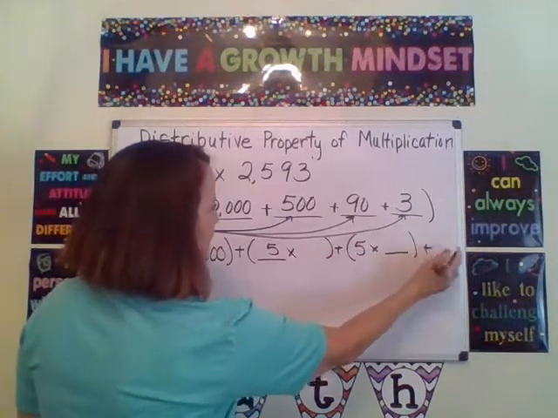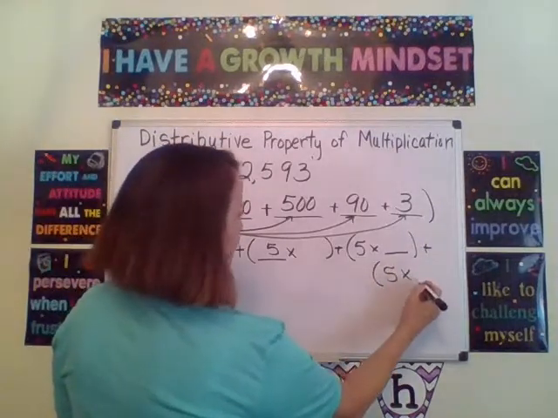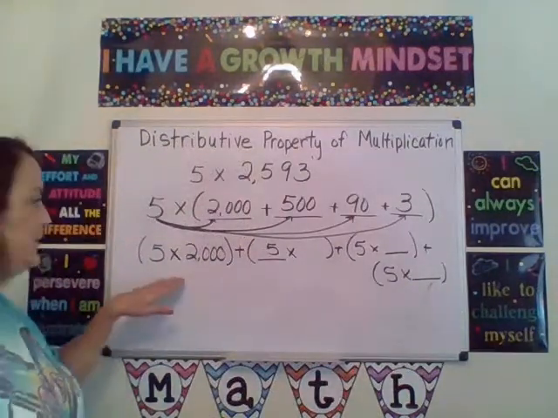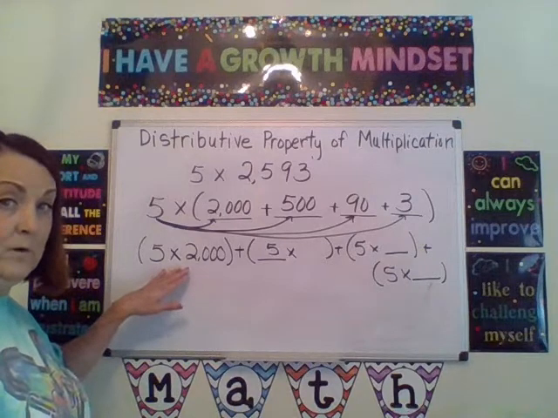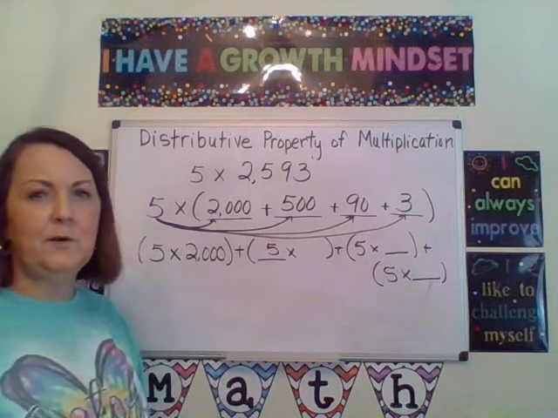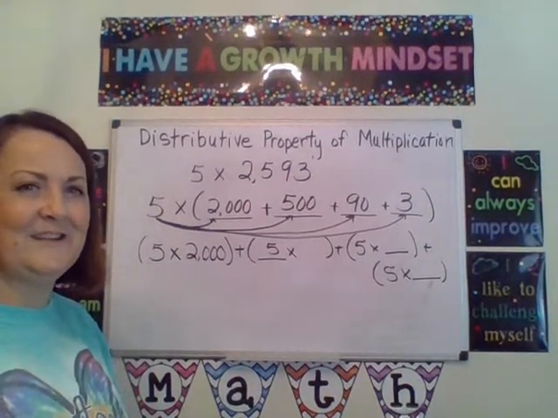I don't have room for this one, so we're going to write it down here. Okay, so now you're going to continue with the distributive property. I've done the first one for you. Go ahead and do your hundreds, your tens, and your ones. I'm going to pause, write the answers in, and then we can check against yours, okay? Go ahead and finish that, please.